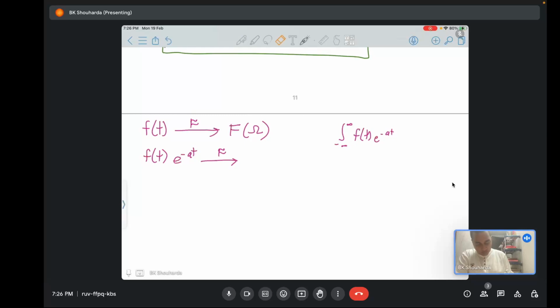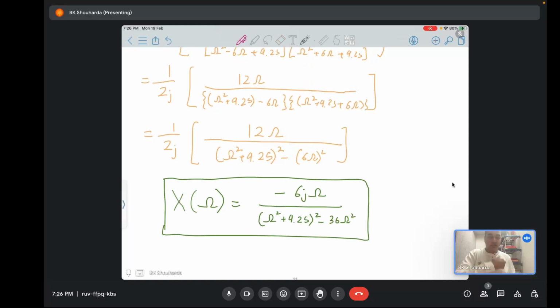So no, we won't be able to use it directly in the Fourier transform case. This property will not be applicable.